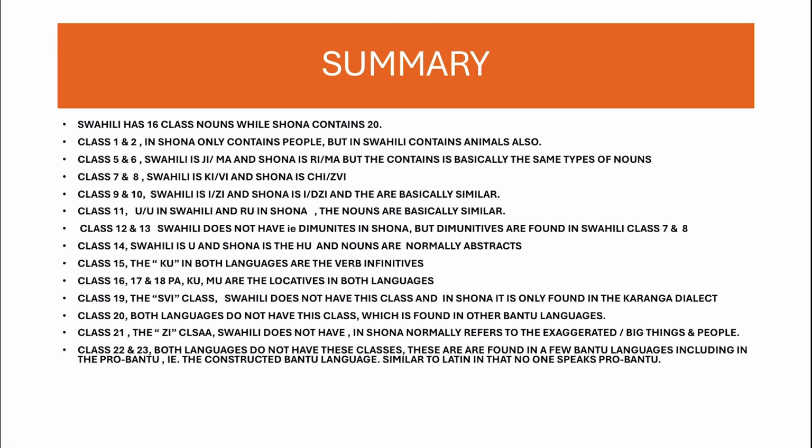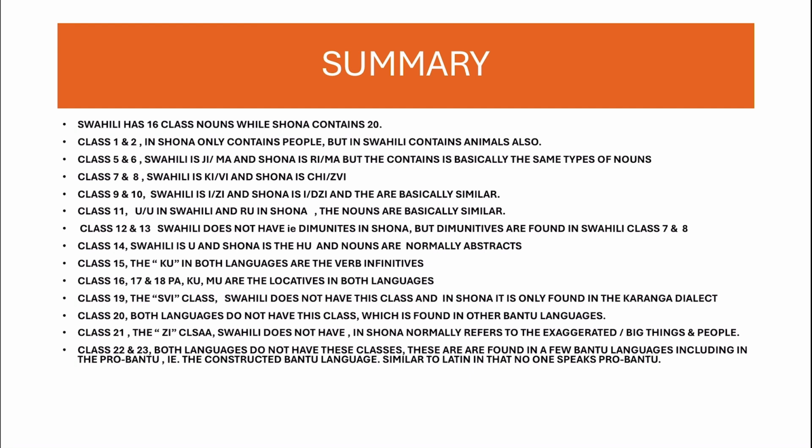Class 7 and 8 is the Ki-Vi in Swahili and Chi-Zvi in Shona. Class 9 and 10 is the N and Dzi in Shona. Class 11 are the U and Ru in Shona. Class 12 and 13, Swahili does not have, while in Shona we have the diminutives.